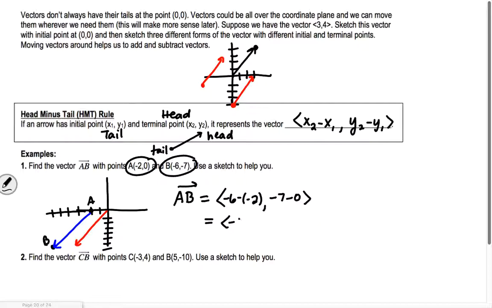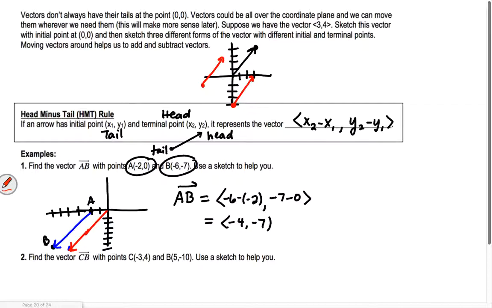So I get negative 4, comma, negative 7. If you plot negative 4, comma, negative 7, it's right there. Oops, I should have extended my line a little bit. It's the same vector, it's been scooched over 2 units. Do you guys see that? So we just move it so that it starts at 0, 0.